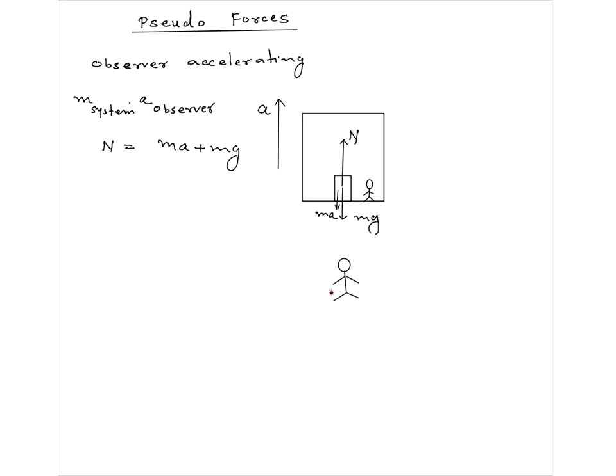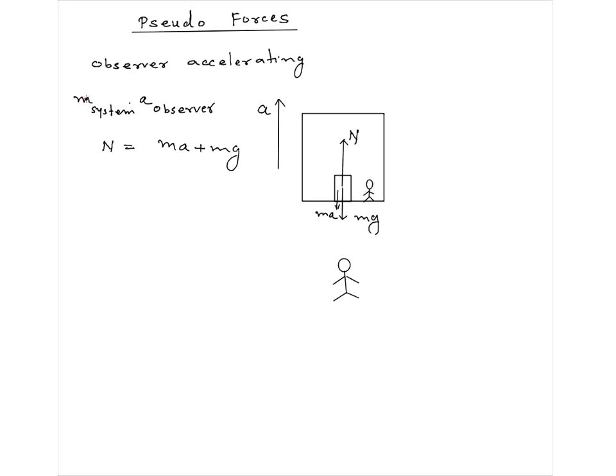So he says that the acceleration of this fellow is A. And it is this A that has to be multiplied by M to get the pseudo force.